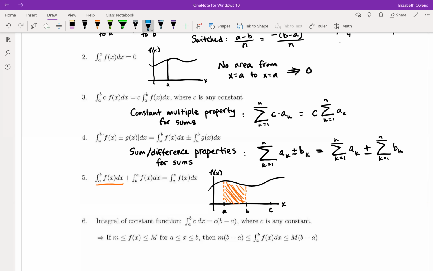And then the integral from B to C of f of x dx would be starting from B and going to C. That would be this area right here underneath the curve. And when we add those two areas together, you can see that we're getting this whole thing from A to C underneath the curve. We're getting all of that area covered. So overall, we get the integral from A to C of f of x dx.